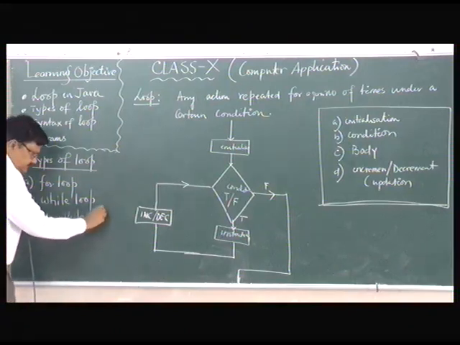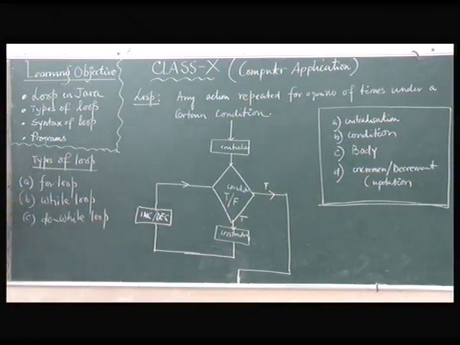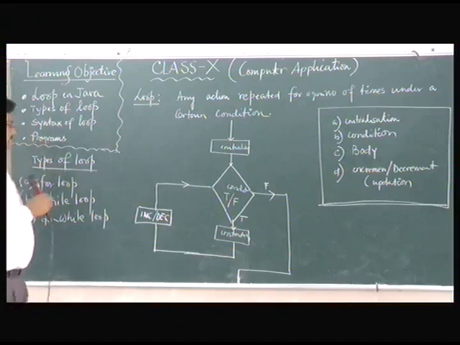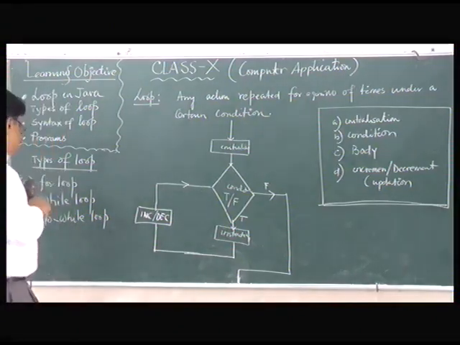We'll take each individual one and discuss its syntax. As we have already mentioned the syntax of the loop, we'll go to the syntax of each individual loop, then write a small snippet of the program. And then finally, we'll go for the programs at the end. Now let us discuss the for loop.